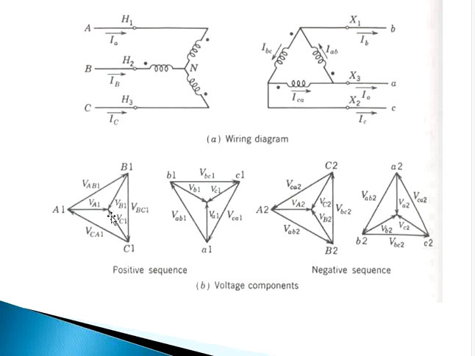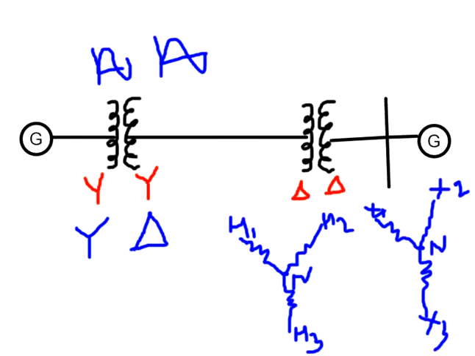Now VA1, then as I said the phase sequence is ABC. Now it is rotating in the anti-clockwise direction, 120 degrees apart. So it is VB1 and it is VC1. This is VA, this is VB, this is VC.